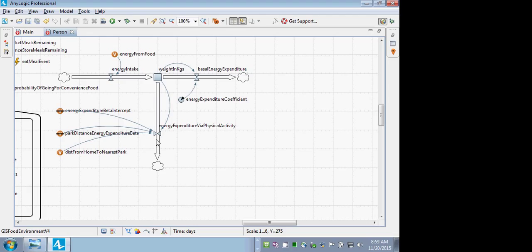Things like fat-free mass, lean mass, for example, versus fat mass. In addition, some components having to do with glycogen levels or levels associated with certain types of energy storage.